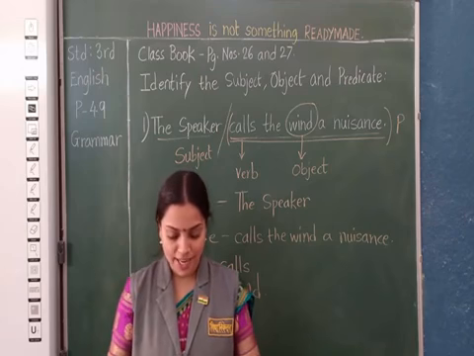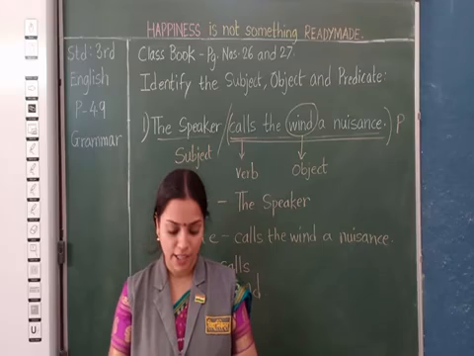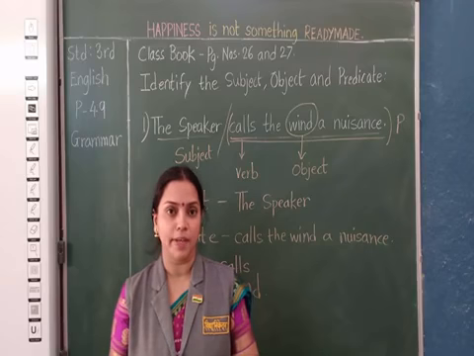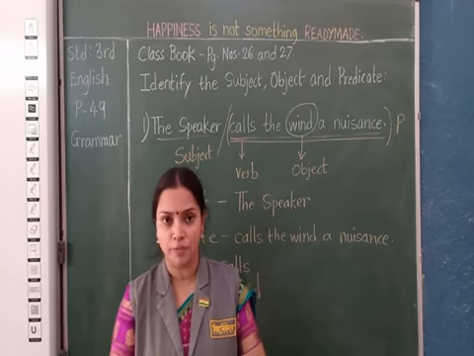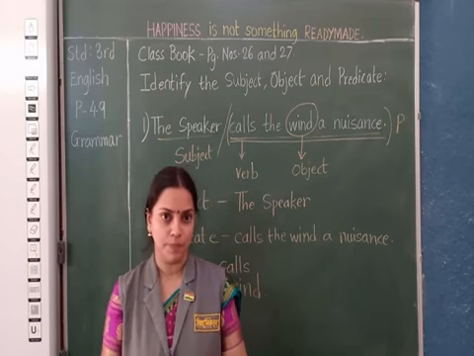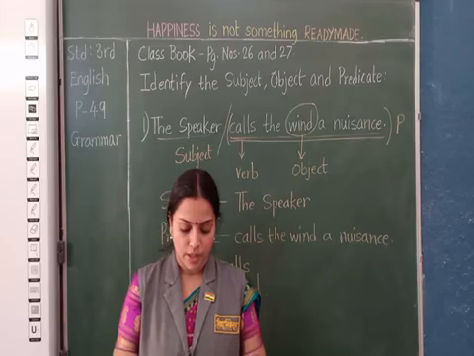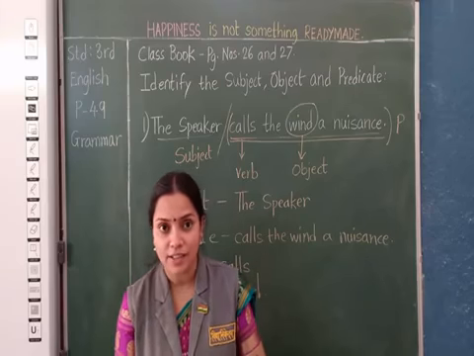It also tears the leaves and blossom from the pear. So, identify the verb first. You immediately understand tears is the verb. Okay. So, here who is doing the action of tearing?